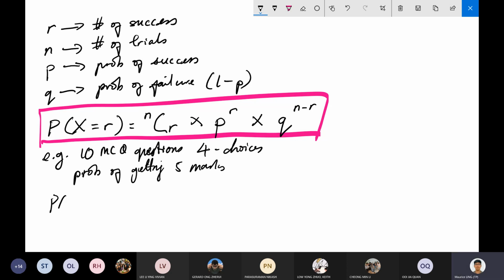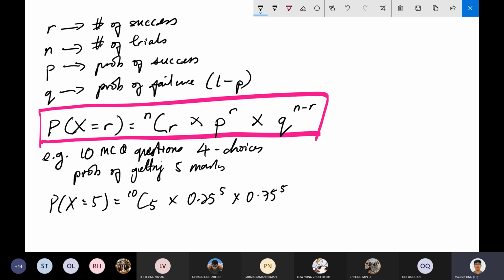So in this case, you just work it out. You have 10 choose 5 multiplied by the probability of success 0.25 to the power of 5, times 0.75 to the power of 5. So you just work it out and you will get it. So that is your binomial distribution.